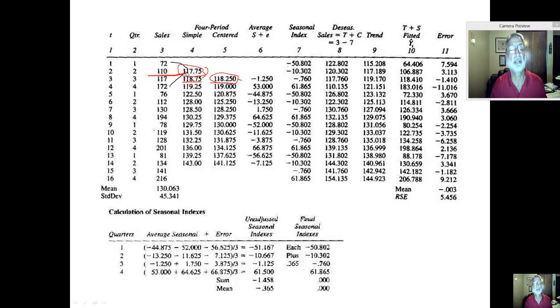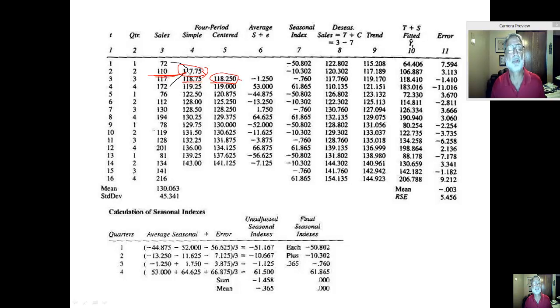That guy there is here. That's between the second and third quarter. So when I take 72, 110, 117, and 172, add it up, divide by 4, I get 117.5. But that shows up at quarter 2.5. There isn't a quarter 2.5.